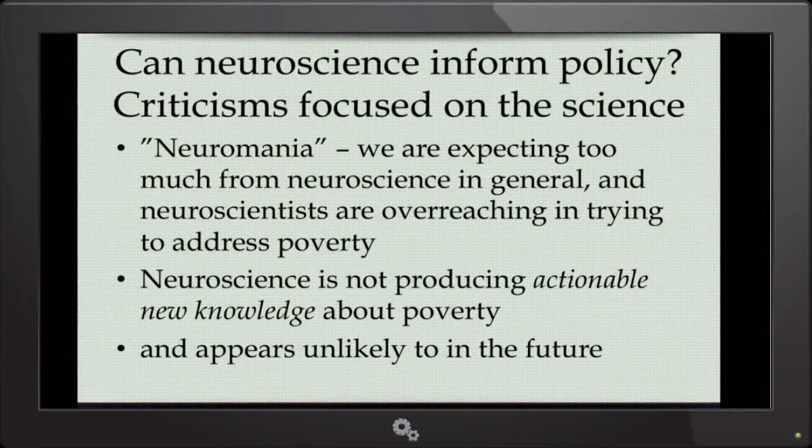Another criticism that I think is worth thinking about, and I have to say myself, this was my view initially when I was reading stuff from the Center for the Developing Child, Jack Shonkoff's shop, on neuroscience, brain development, and child poverty, is that neuroscience is not producing any actionable new knowledge about poverty.